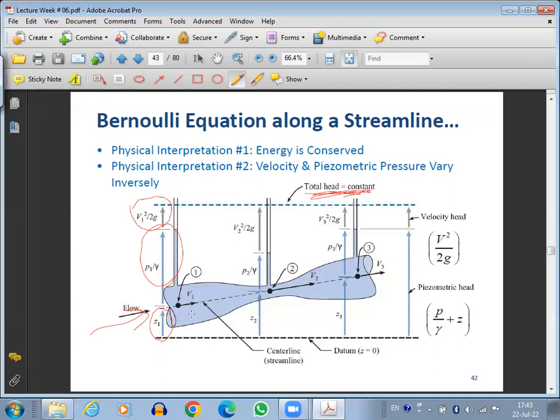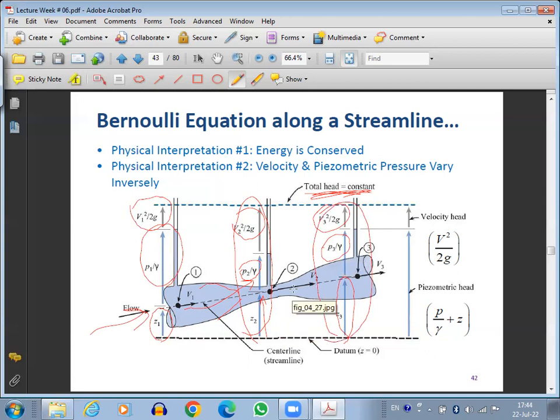Look here, from point 1 to point 2, what is happening? The elevation is increasing, and because of the restriction in the flow, the velocity will increase. So the hydrostatic pressure head will decrease, such that the summation of these three terms remains the same. Then if you go further to point 3, the elevation head increases further, but it causes a decrease in the velocity head and the hydrostatic pressure head, so that the combination of these three still remains the same.